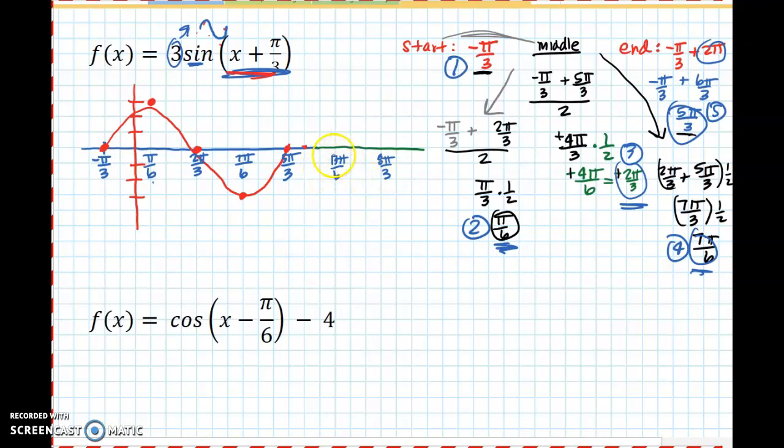And then add 6 more onto this one, so this would be 18 pi over 6. And I'm running out of space. So you can always extend your graph out by recognizing the pattern if you need to.